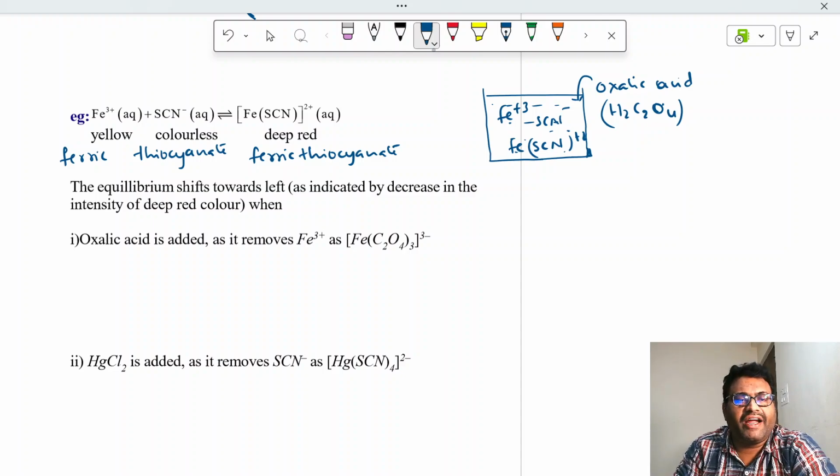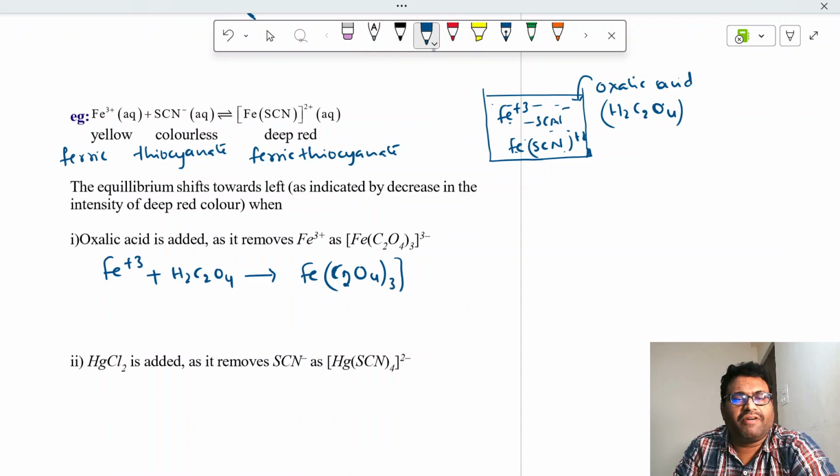When you have added oxalic acid, this oxalic acid reacts with Fe+3. Fe+3 is reacting with H2C2O4, converting into Fe(C2O4)3 with a 3- charge. So a product is formed.